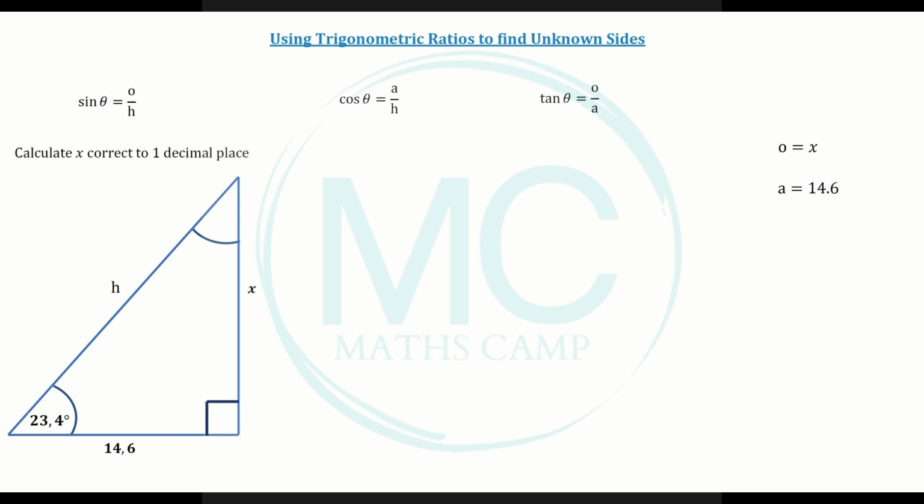So now we can say tan, instead of theta, let's use our angle of 23.4 degrees, is equal to our opposite side, which is x, over our adjacent side of 14.6 units. Again, to get x by itself, let's multiply both sides by 14.6, and we get 14.6 multiplied by tan 23.4 degrees is equal to x.